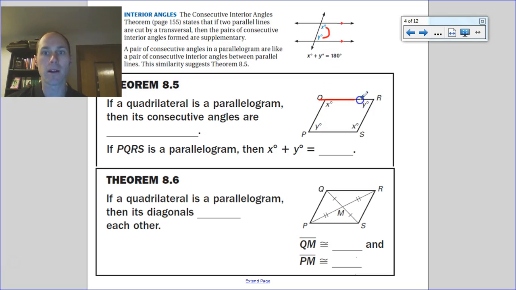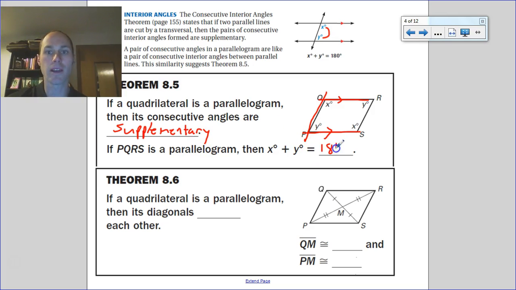So if these are our parallel lines, here's my transversal. So these two angles would be consecutive interior angles. And so those consecutive interior angles would then be supplementary. And if they're supplementary, we know that they have a sum of 180 degrees. So x plus y would be 180.